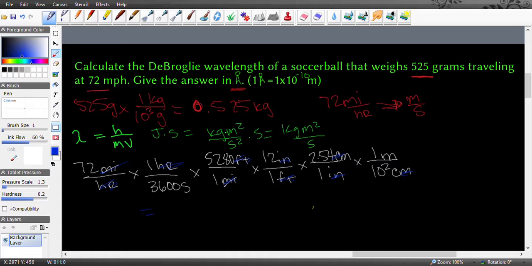I get 72 divided by 3,600 times 5,280 times 12 times 2.54 divided by 100. I get 32.18688 meters per second. Now I know this looks like a small number, but you've got to think about it. You're going 72 miles in an hour, so 32 meters per second. That's about right.